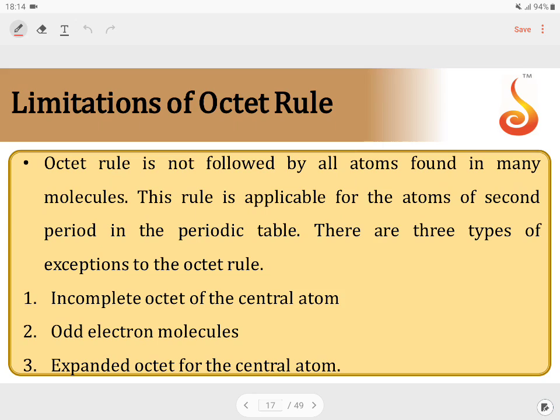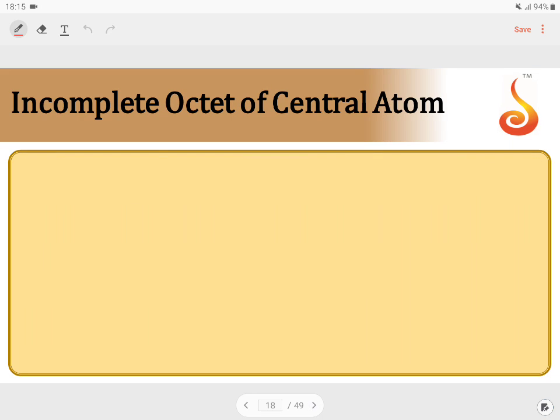The first is incomplete octet for the central atom, that is, even after the formation of a bond, some atoms in the compound have less than 8 electrons in their valence shell. The second is odd electron molecules. The third is expanded octet of the central atom. Let us discuss each one in detail.